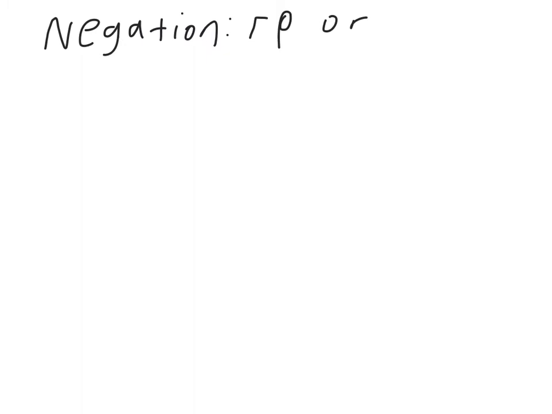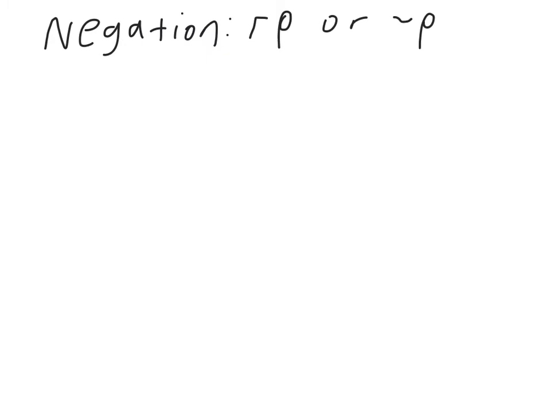So next we're going to talk about ways that we can change a conditional statement. So the first is about the parts of a conditional statement, and it's negating them, negation. So that's essentially to put "not" in front of whatever you're saying. So first you would write it in the form like this or like this.